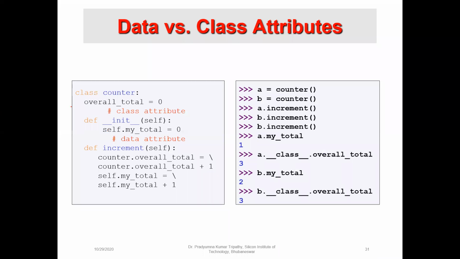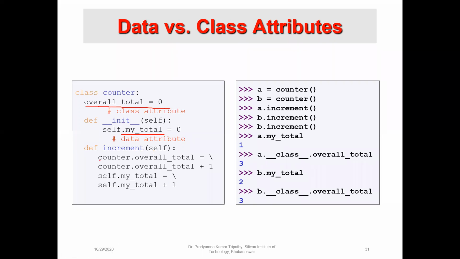We can see over here inside the INIT I have declared my total, so that is a data attribute. This is a class attribute overall total. So I can call this class attribute overall total anywhere.